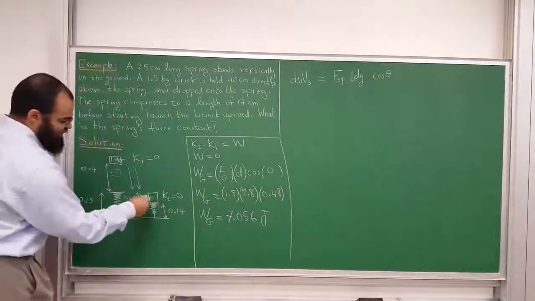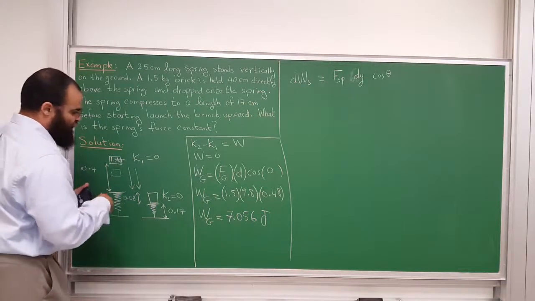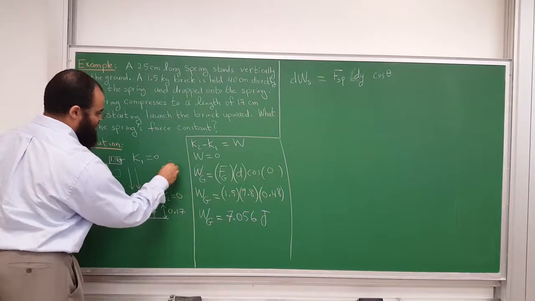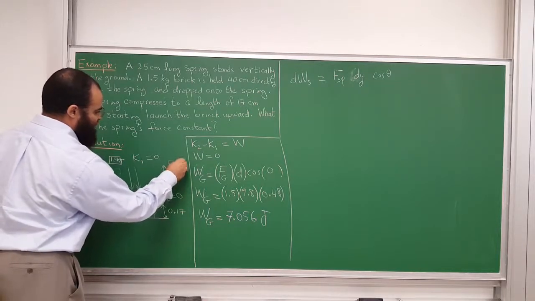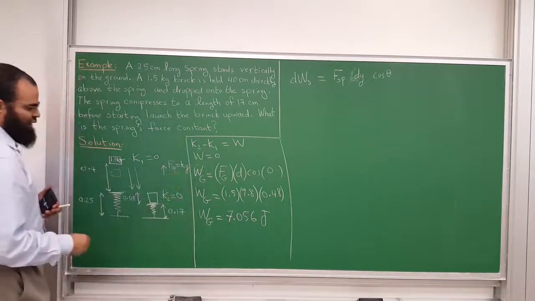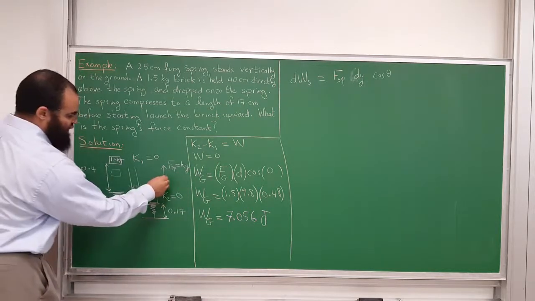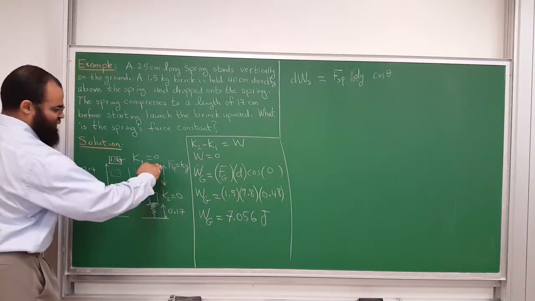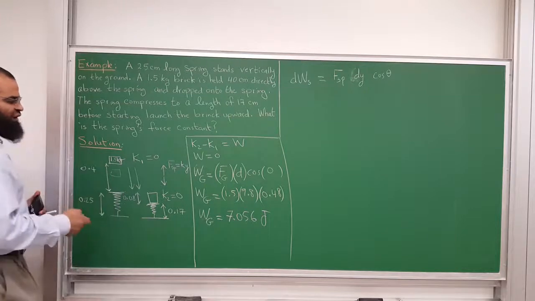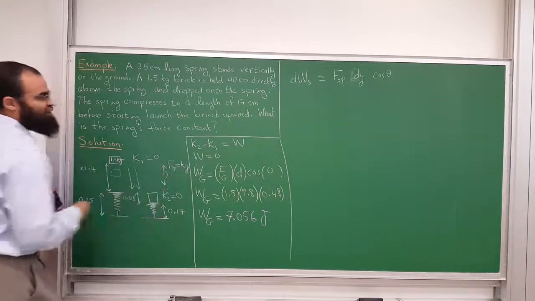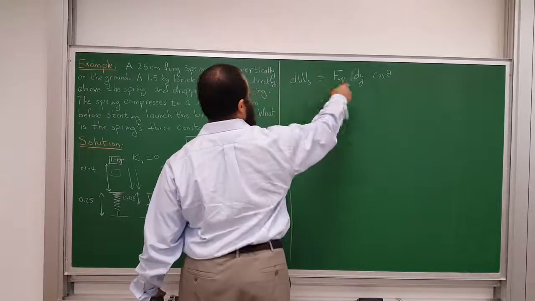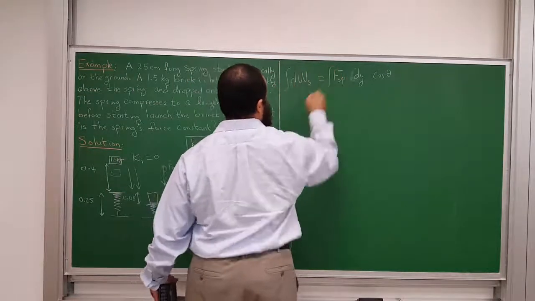Notice, when the mass hits the spring, the force of the spring is upward, and it is equal to K times the amount by which you compress it, Ky. The displacement is downward, the spring is getting compressed. The mass is moving downward, but the force of the spring is upward, so the angle between them is 180 degrees. And to get the total work, you have to integrate.